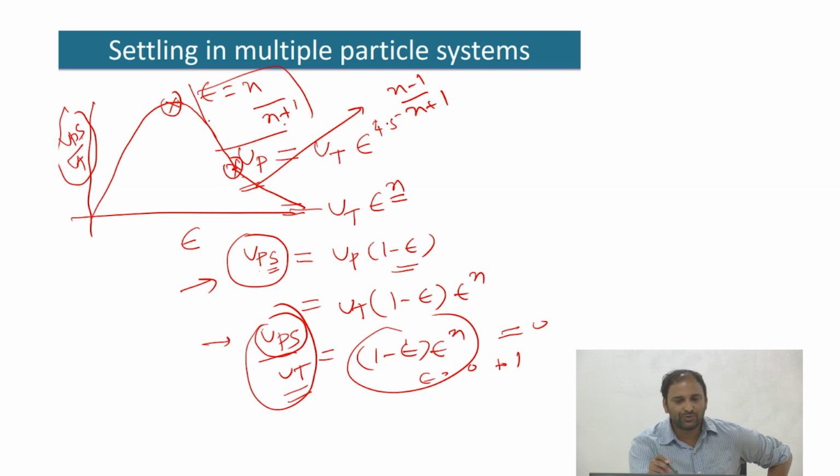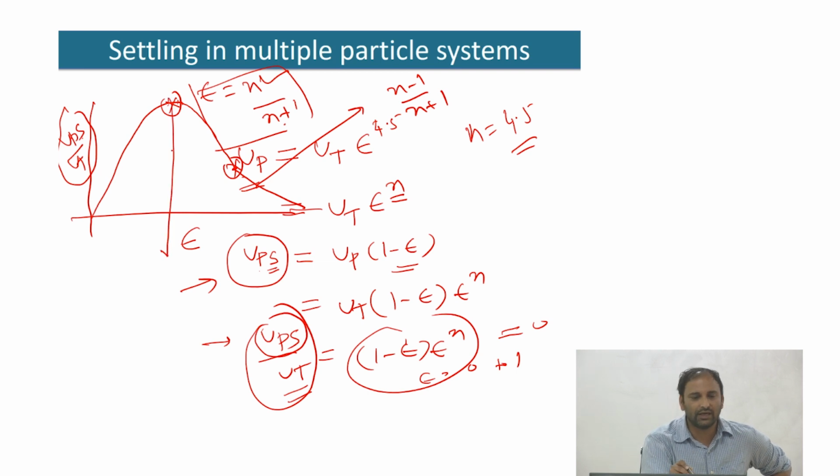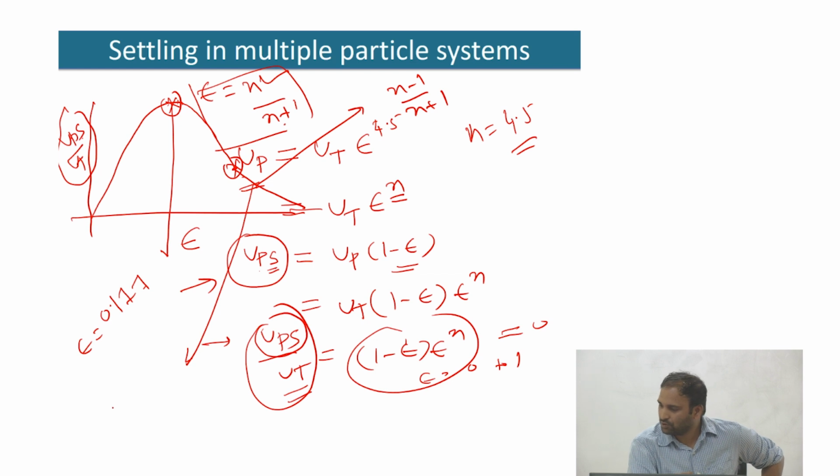If I substitute n equal to 4.5, this maxima corresponds to 0.82, and this inflection point corresponds to epsilon of 0.64.